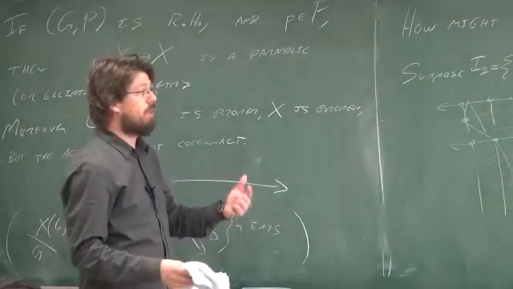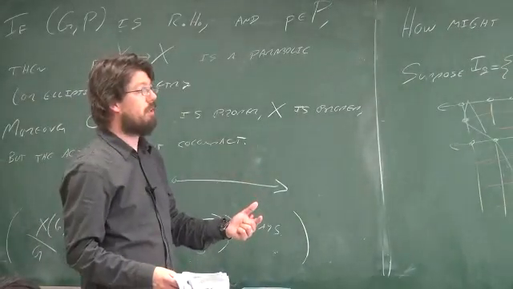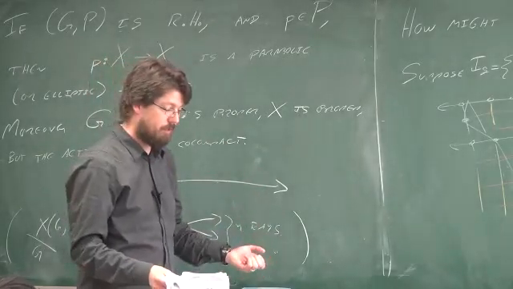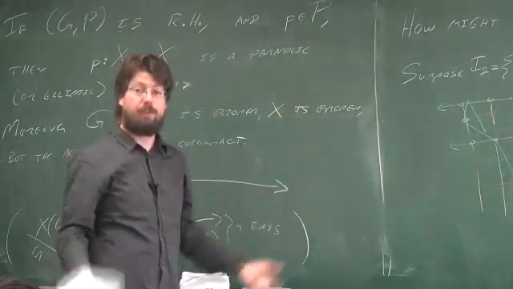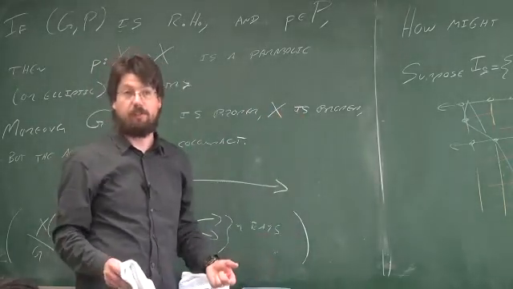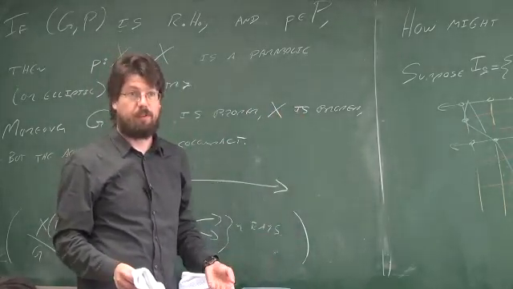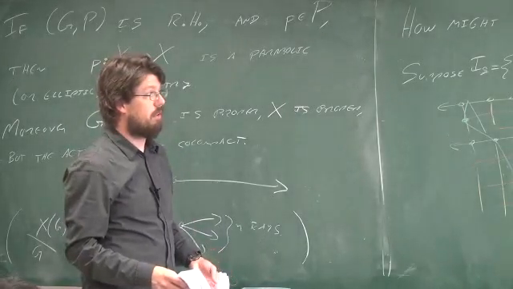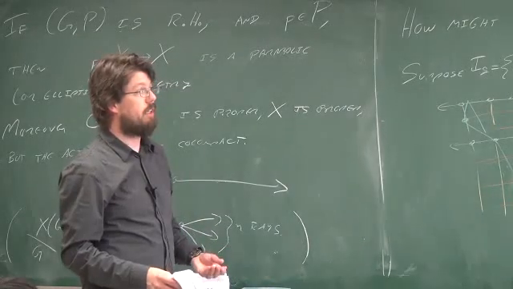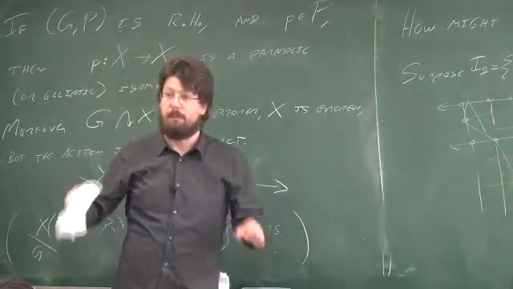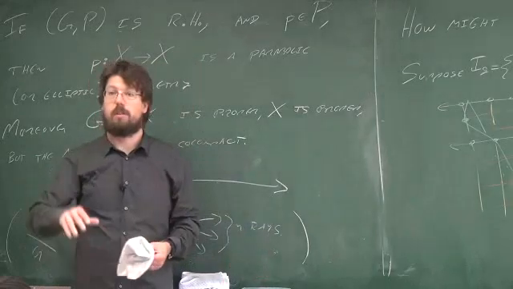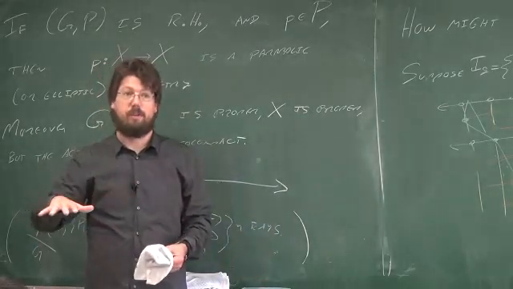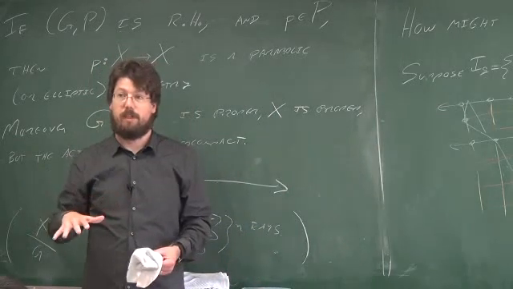So to give an example of a quasi-convex subgroup, if you have a free group, then any finitely generated subgroup will be quasi-convex. If you have a hyperbolic manifold group, and you look at the subgroup corresponding to a totally geodesic submanifold, that's going to be quasi-convex.